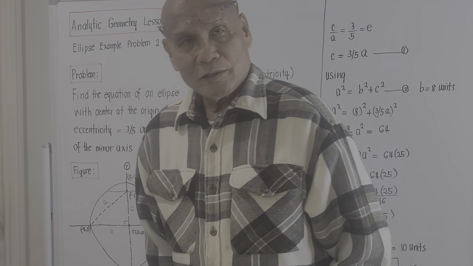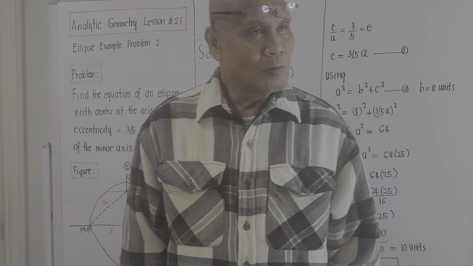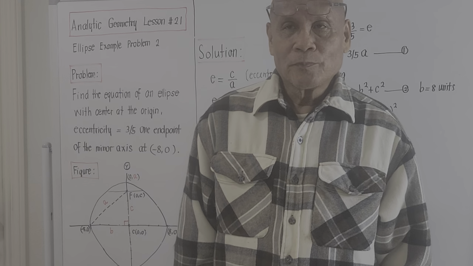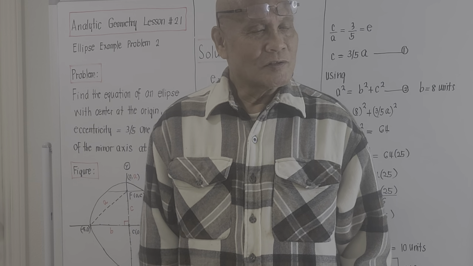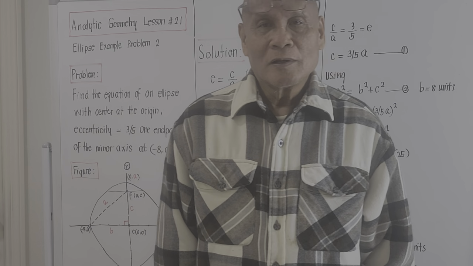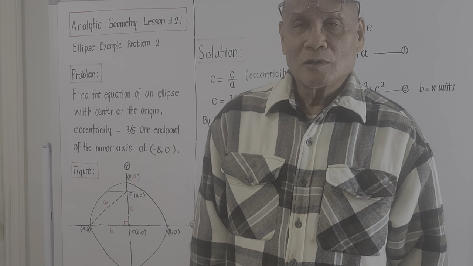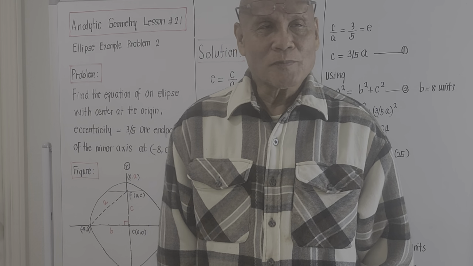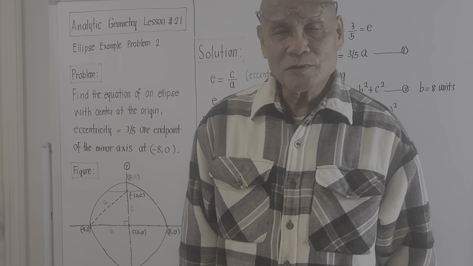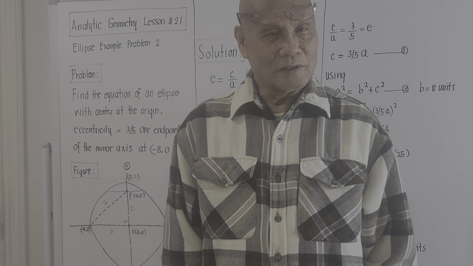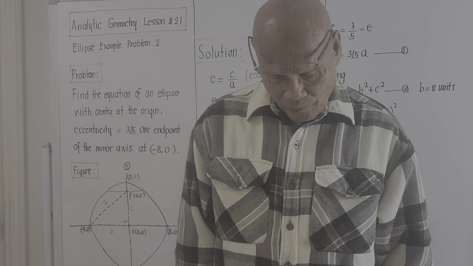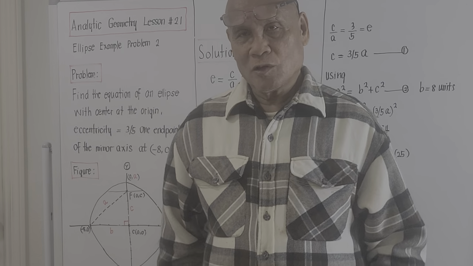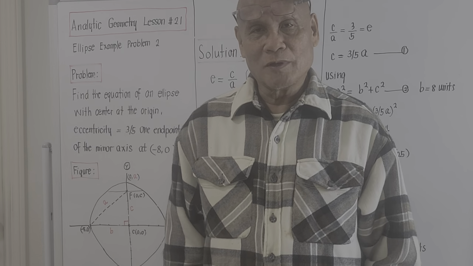Lesson number 21 is a continuation of the topic on ellipse, and since the last time around, I have given you the first example problem on the concept of ellipse. So for tonight, I will be discussing example number 2. This will be the second example, maybe, before we proceed with the so-called study of circle.